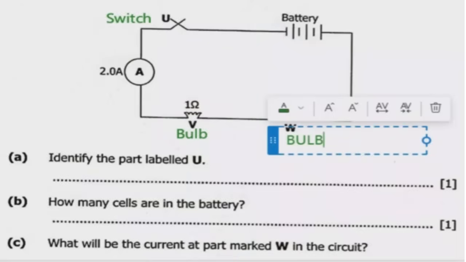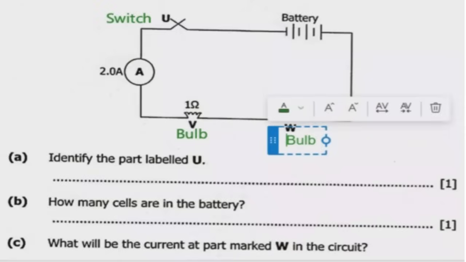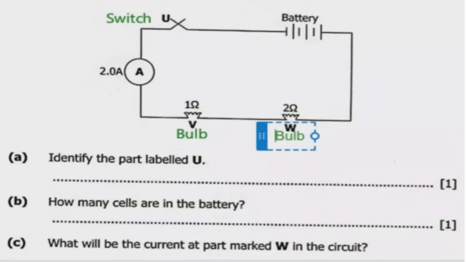If they were not bulbs, we would remove the word bulbs. But from the statement read above, we are told there are two bulbs, so these are bulbs.